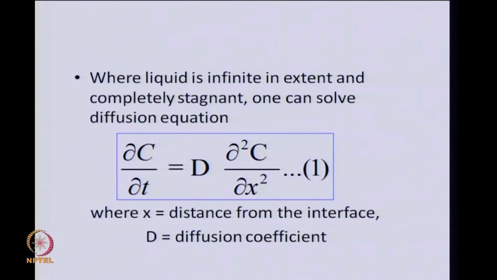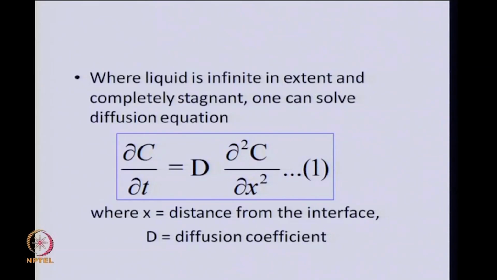So, if we have a situation like the one I just have shown, that interface is regarded as planar. On one side we have the gas phase, on the other the liquid phase, and we can regard the entire transport to be a one dimensional problem, and for generality look at a transient, unsteady state situation where time has a role to play.